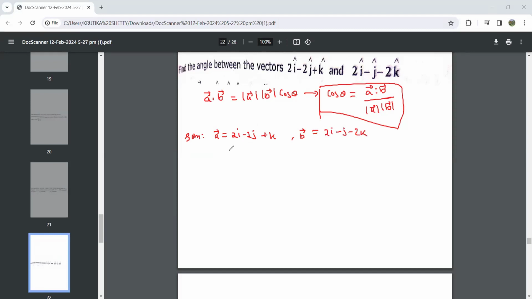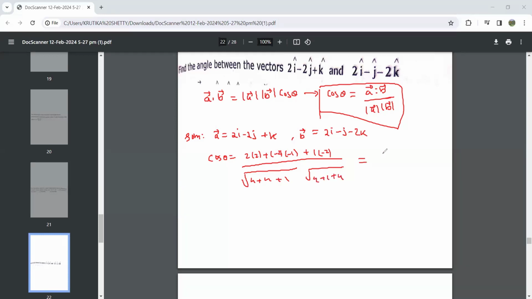So cos theta will be equal to the dot product of these two vectors: 2 into 2, plus minus 2 into minus 1, and then 1 into minus 2, divided by root of mod of vector A, which is 2 square is 4 plus 4 plus 1, into mod of vector B, again 4 plus 1 plus 4.